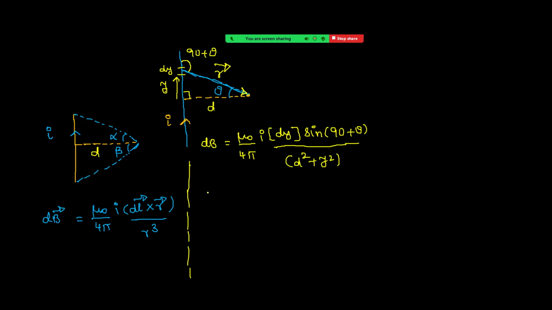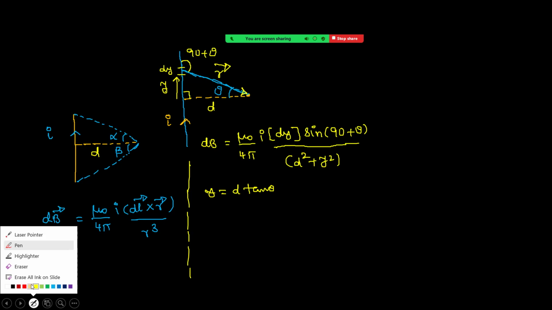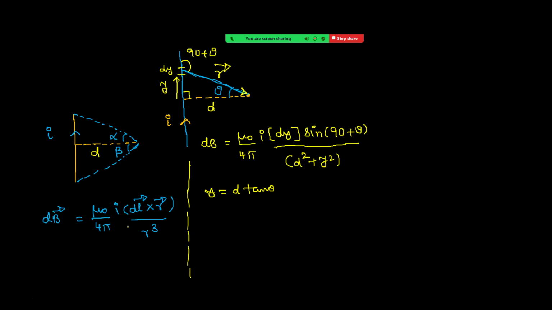That means y equals d tan theta. So we want to eliminate now y. So we have to eliminate dy also, right? So to get dy, now differentiate this. So differentiate that, then see what we get.